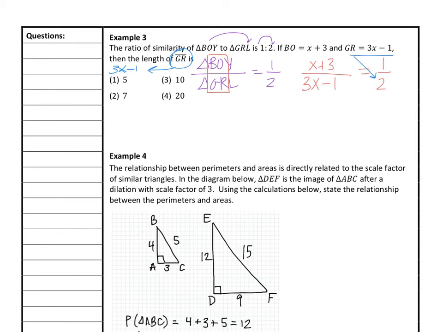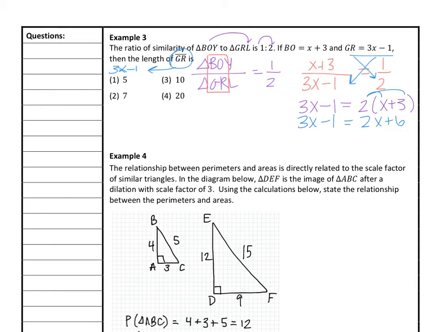So now, to solve this, just like we have been with proportions, you just cross multiply. So on this direction, 1 times 3x minus 1, that just gives us 3x minus 1. But in the other direction, 2 times x plus 3, I have to be careful and make sure that I put the x plus 3 in parentheses, because 2 has to get distributed, which I'm going to do right now. So we have 2x plus 6 on the right and 3x minus 1 on the left.